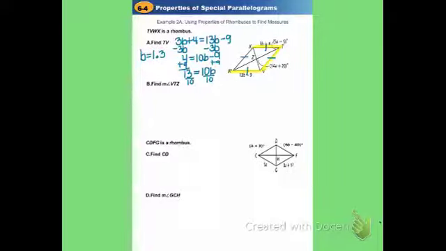Well, what does that mean about TV? That means that TV must be the same as XT and WV, so I can use either one of those and substitute b in. So I'm going to go ahead and put it in the one that's XT, and it's going to be the same thing.